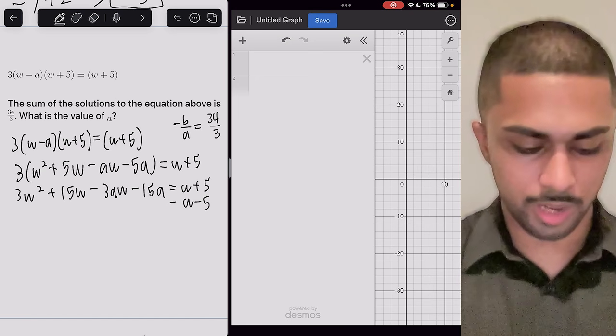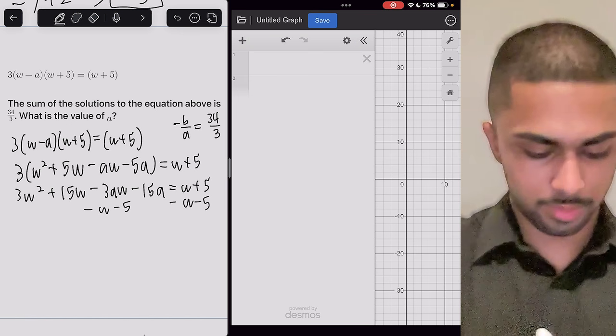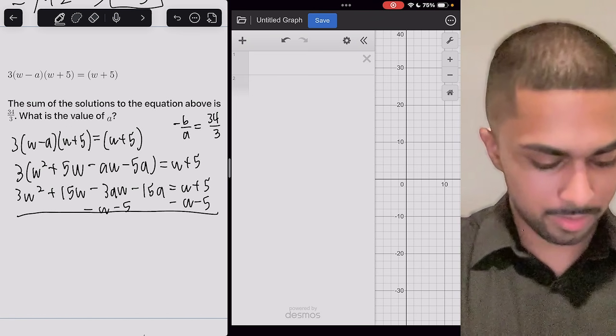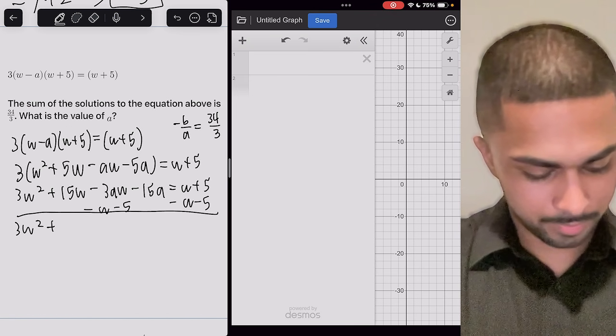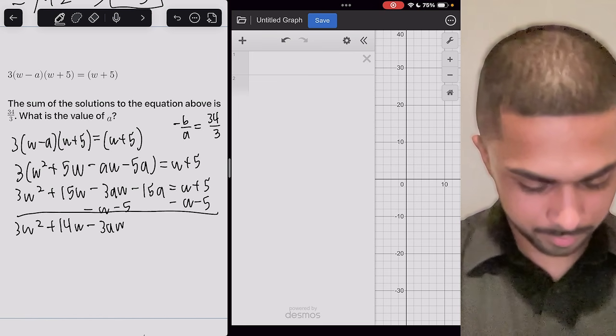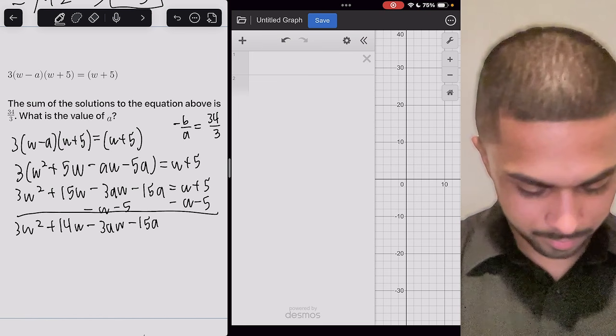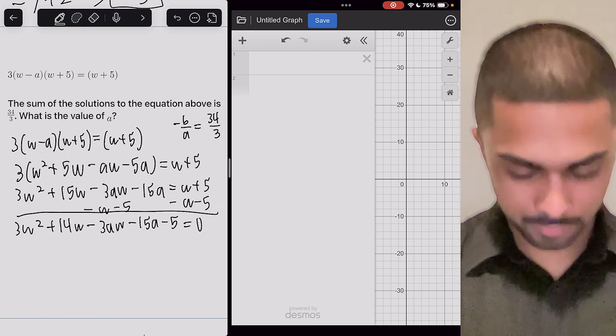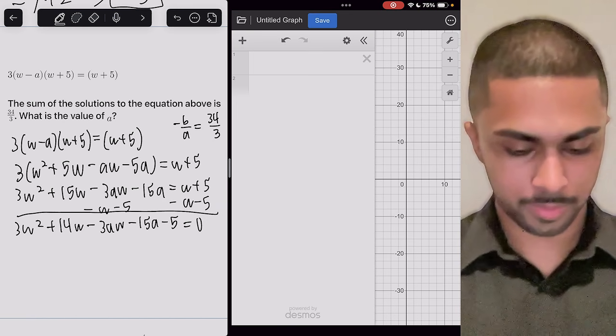And now let's subtract the w and the 5 to the other side. Okay, perfect.